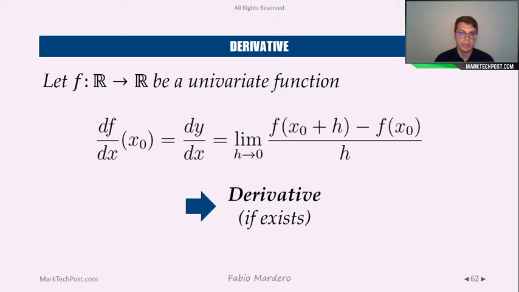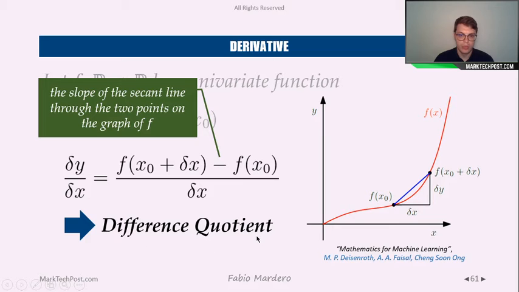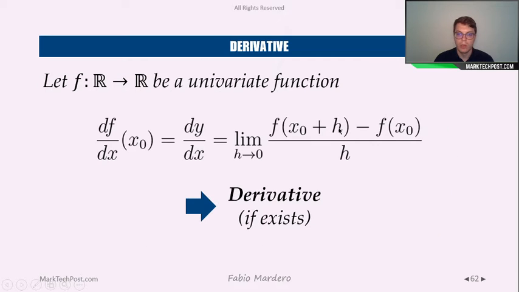So we are computing the derivative of f with respect to x0. We take again the difference quotient, but now delta x becomes h, and we are taking the limit as h approaches 0.